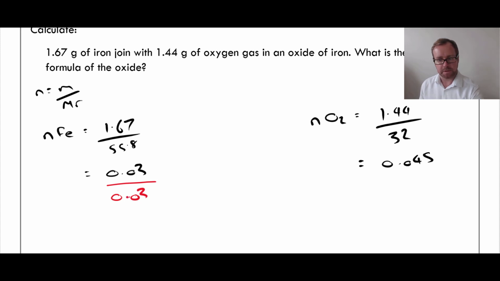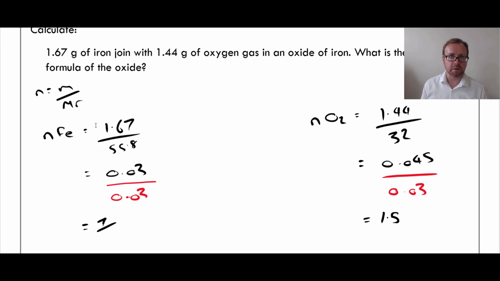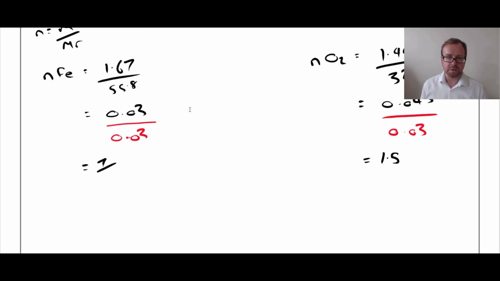Now I need to divide by my smallest number, which is my moles of iron, 0.03. Dividing by 0.03 gives me a value of 1, and over here I have a value of 1.5. Now these aren't whole numbers obviously, so I have to times both sides by a certain amount to get a whole number.